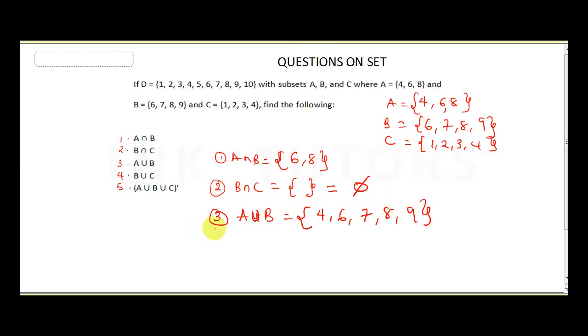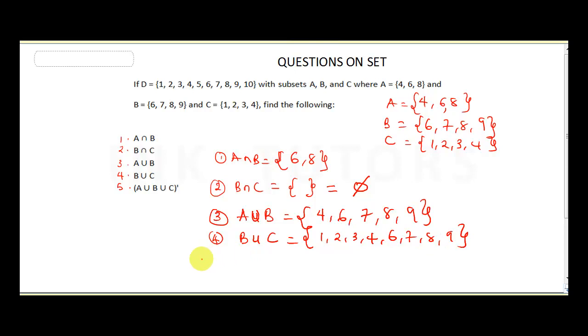So this is our A union B. Now question 4 says B union C. Same thing applies. We're going to combine B and C, and that's going to be 1, 2, 3, 4, and we'll have 6, 7, 8, and 9.